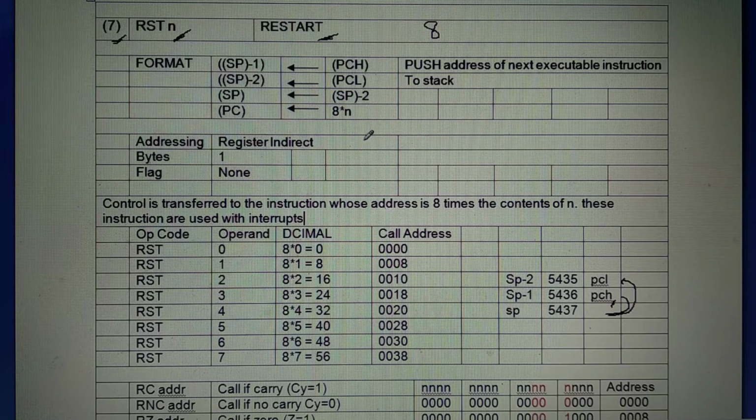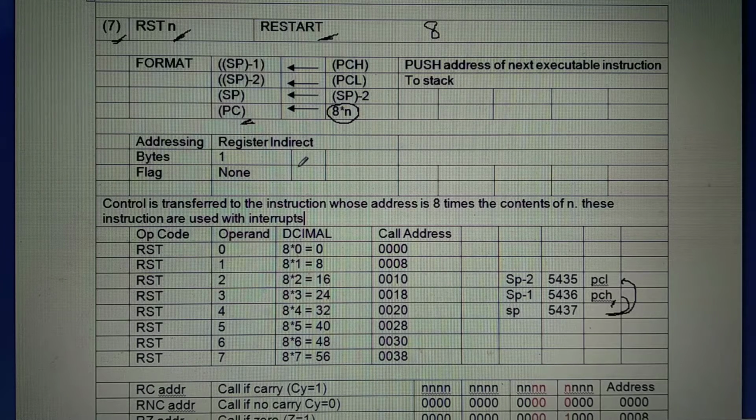After that, the content of the program counter changes. That means the normal sequence is changed and it is transferred somewhere else. And by what formula it is transferred: it is given by 8 into n.